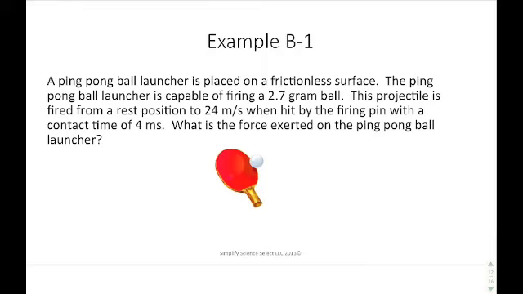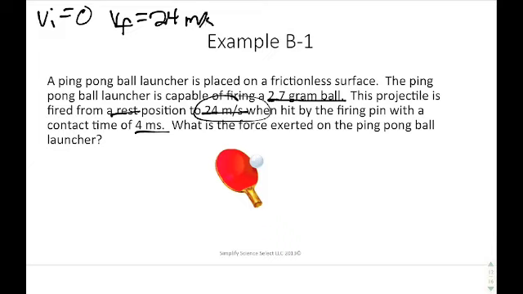So we take a look at all our numbers. We're going to underline all our numbers that are there, and we're going to assign them variables. The first thing we want to realize is that it's fired from a rest position, so we can say our initial velocity is 0. We know that it comes to 24 meters per second, so we can say our final velocity is 24 meters per second.